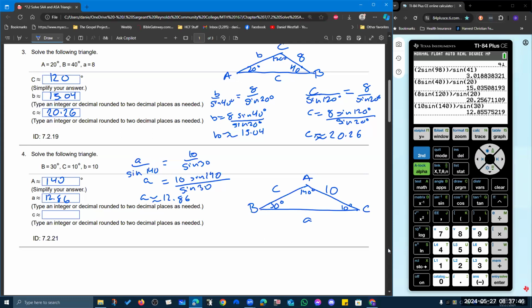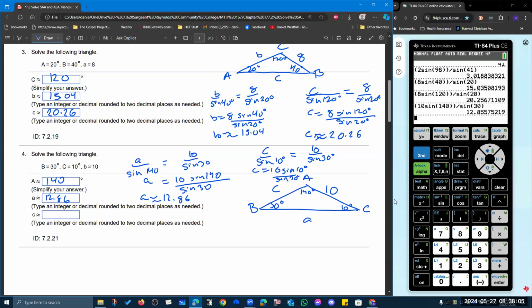And C over sine of C is equal to 10 over sine of 30. So C equals 10 sine of 10 over sine of 30.